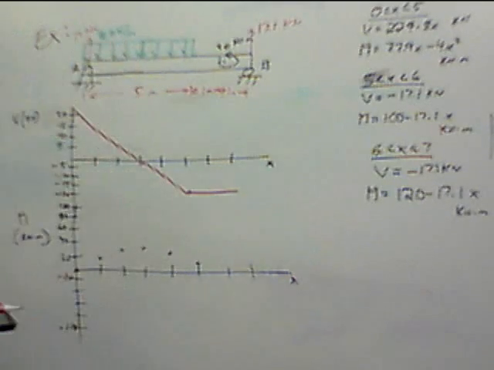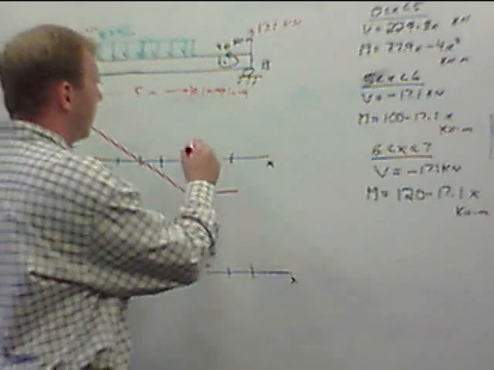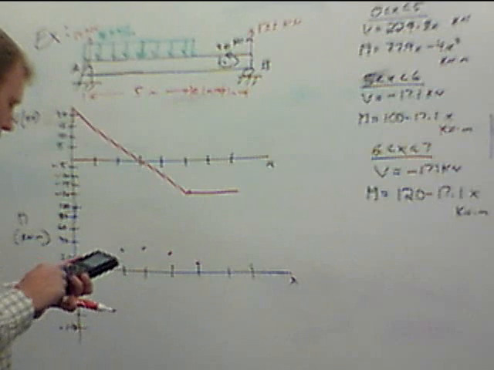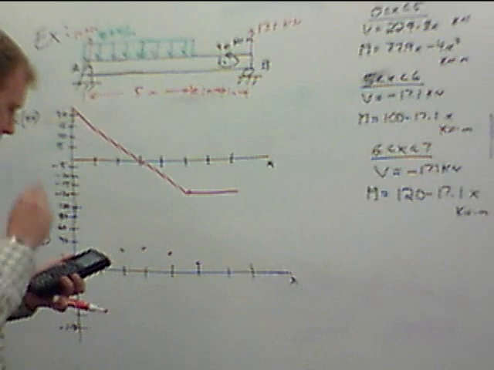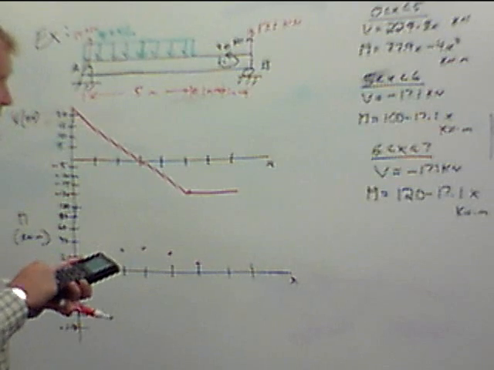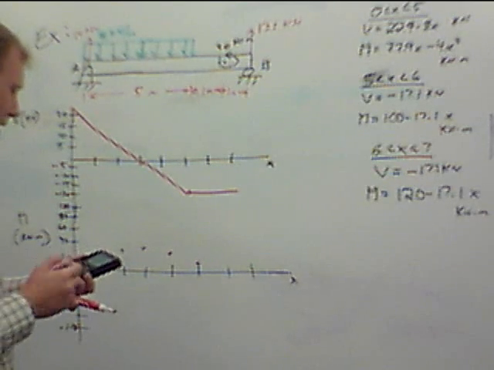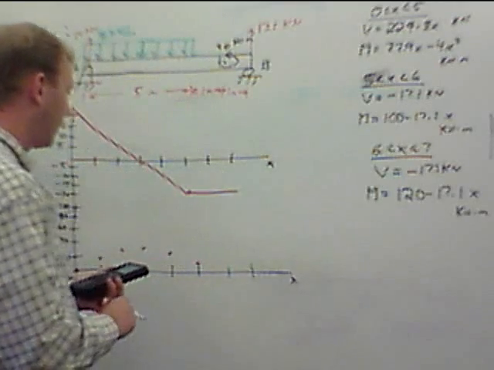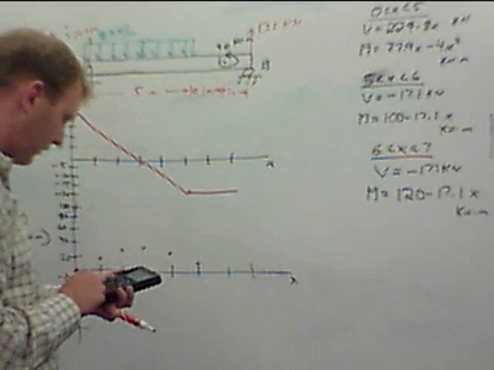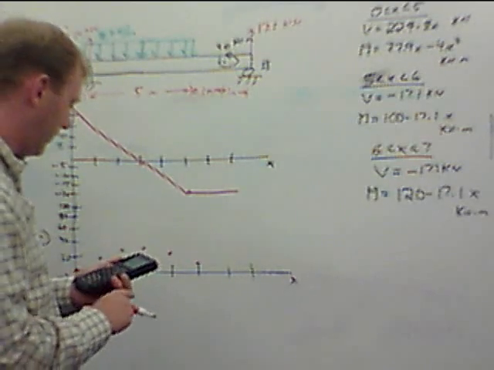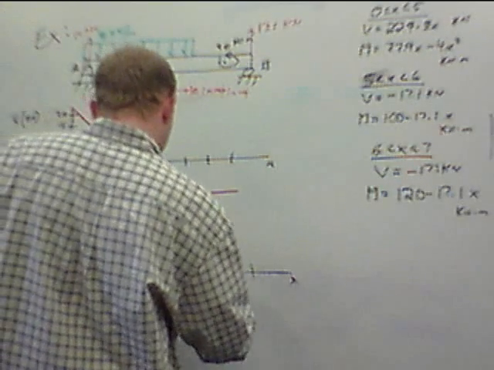Okay. At 5, we don't have anything, so we should get 14.5 again here. So 100 minus 17.1 times 5 is exactly 14.5. That looks good. So at 6, it is negative 2.6.